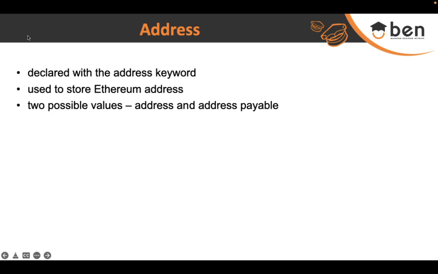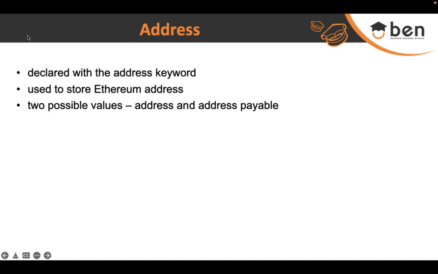Again, the address data type has two possible subtypes, which are the address itself and address payable. So what is the difference between the two? Address payable is used to signify those variables in which the movement of cryptocurrency is involved, meaning in those cases where you want to send cryptocurrency to a particular address, there you have to mention that address as address payable.